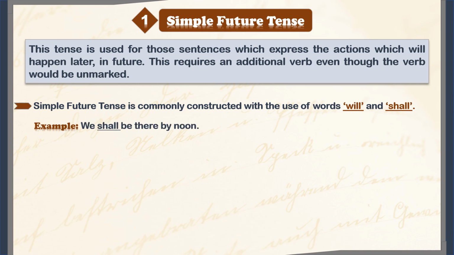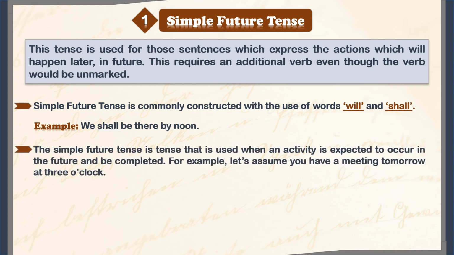Simple future tense is commonly constructed with the use of the words will and shall. For example, we shall be there by noon. The simple future tense is used when an activity is expected to occur in the future and be completed.